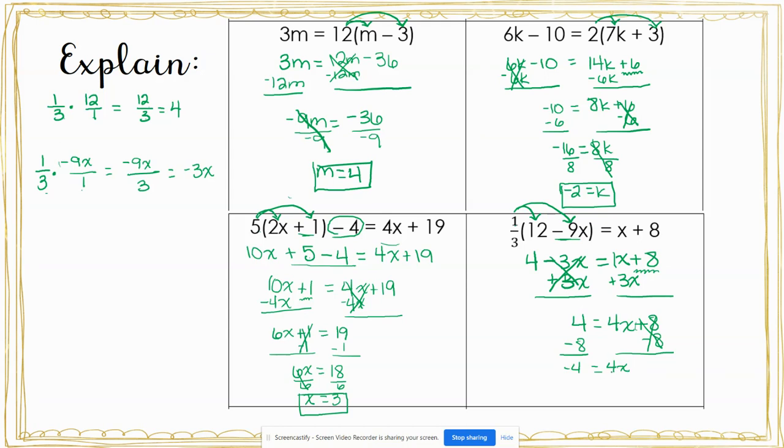Since 4 is being multiplied by x, I'm going to do the inverse, which is dividing by 4 on both sides of the equation. Well, negative 4 divided by positive 4 leaves me with negative 1. On this side, 4 divided by 4 is 1, and 1x is just x. So they cancel to leave me with x. And my solution is negative 1 equals x.